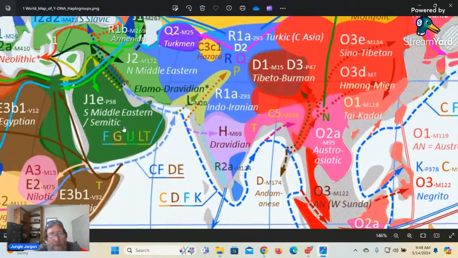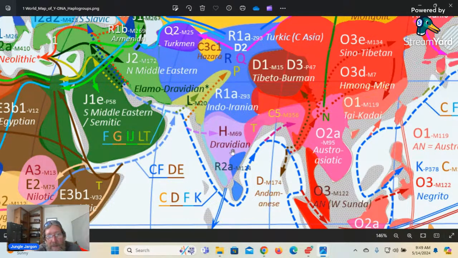For example, Elam is right in this area. We know where Elam was, right here, right? And we know that the Dravidians say they were, quote-unquote, Arabic, who came from Arabic populations, right?